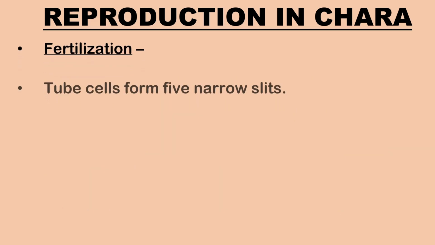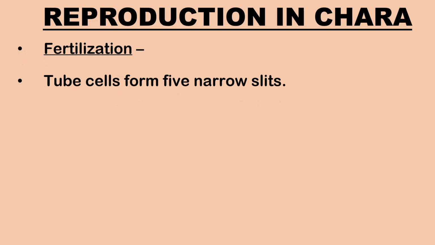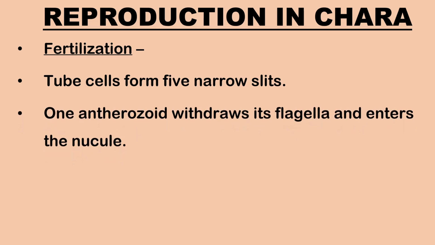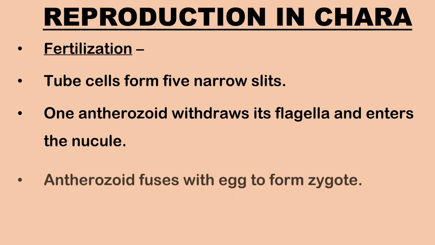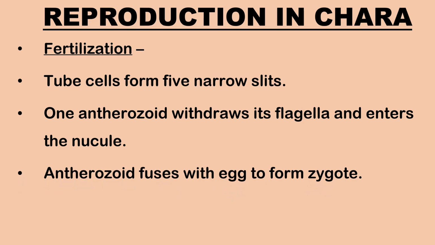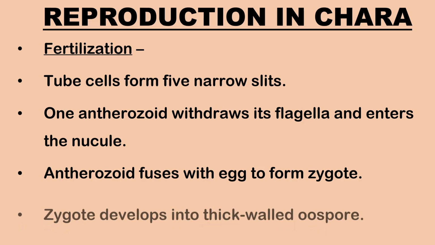At the time of fertilization, the spirally twisted tube cells just below the corona separate to form 5 narrow slits or openings. One of the anthrozoids withdraws its flagella and makes its entry into the nucule. Anthrozoid comes near the receptive spot of the egg and fuses with it to form the zygote.